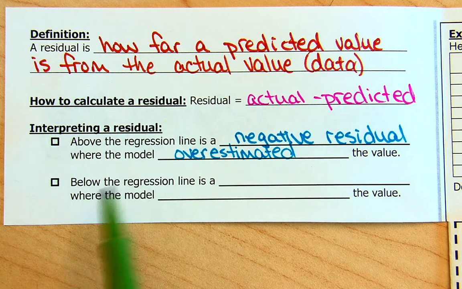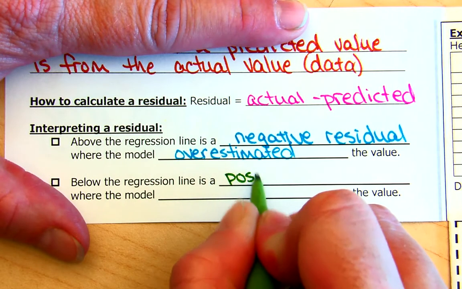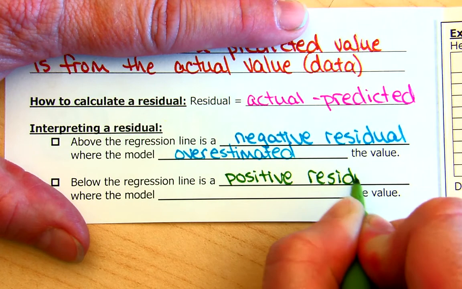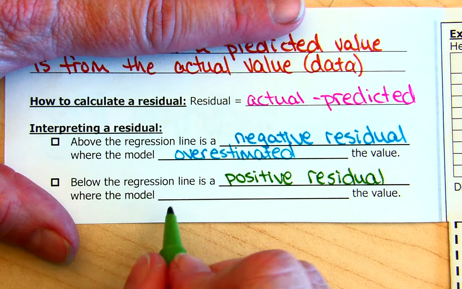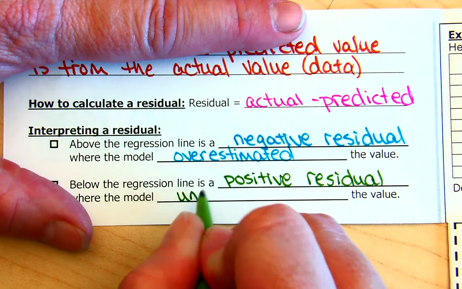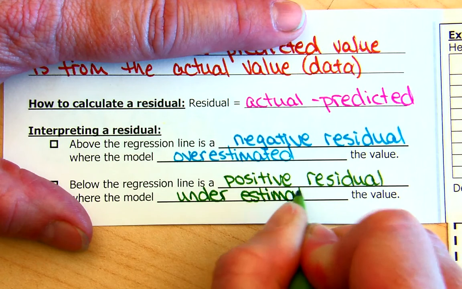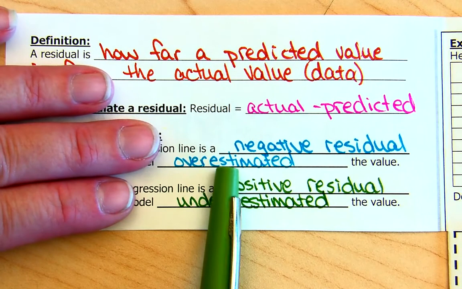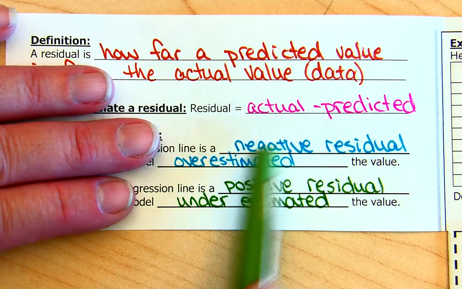If the value lies below the regression line, then it's a positive residual, where the model underestimated. So you want to just remember, basically, if it's a negative residual, it's an overestimate. Positive residual is underestimate. We want to make sure those things go together.